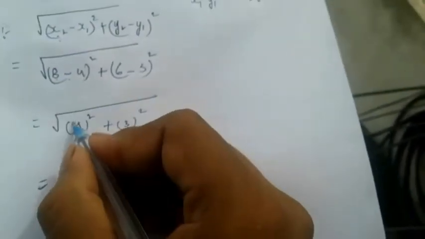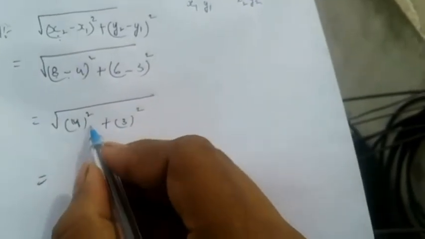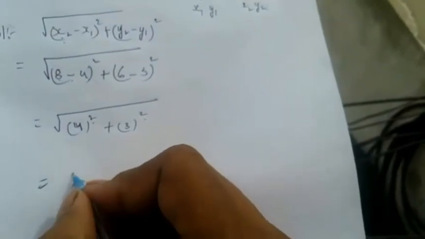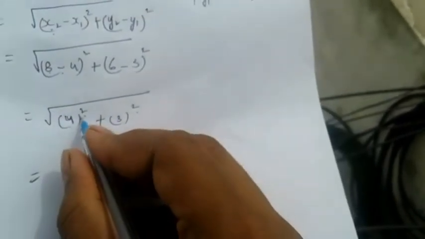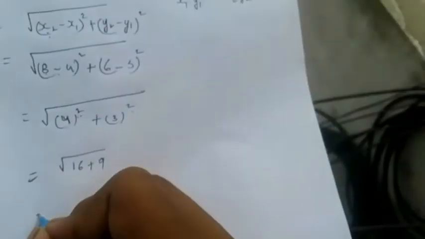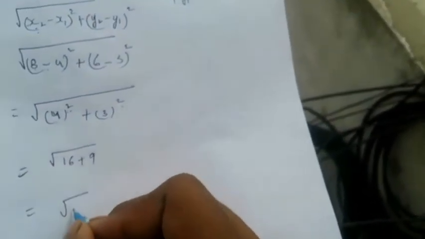So now 4 square plus 3 square, that is under root of 16 plus 9. When we add 16 plus 9 we get 25, root 25. Root 25 is 5. So now we got the answer, 5.